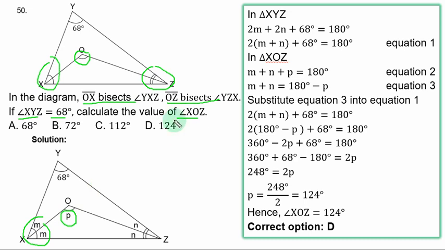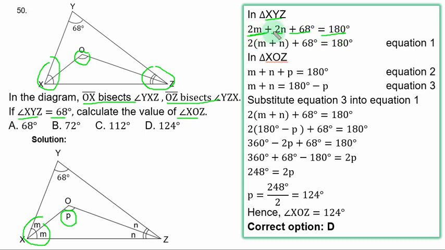Considering the whole triangle SYZ, the sum of angles is 180. So angle YSZ is 2M, plus angle YZS is 2N, plus angle SYZ 68 degrees, equal to 180 degrees.